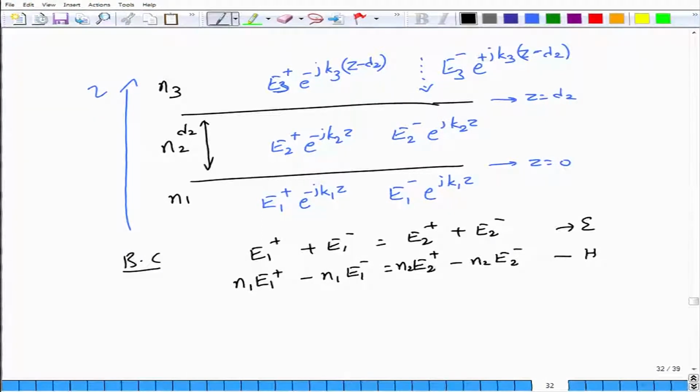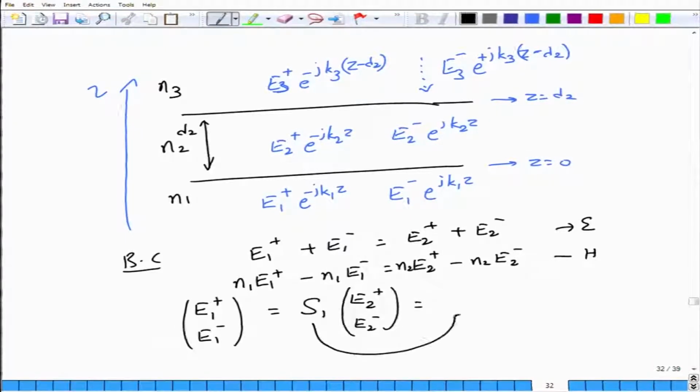Now, this gives you two sets of equations. I can rewrite these equations in matrix form by writing the left hand side as E1 plus and E1 minus. Okay. This can be written equal to a matrix S1 times E2 plus and E2 minus, okay, where I will leave it as an exercise for you to find the matrix S1.